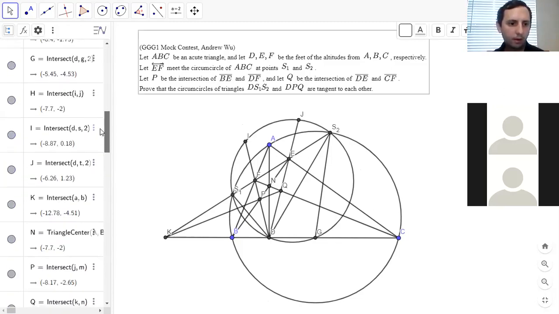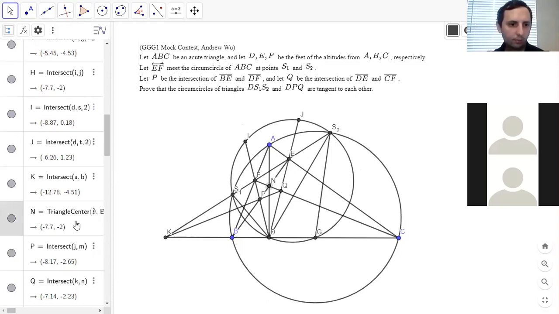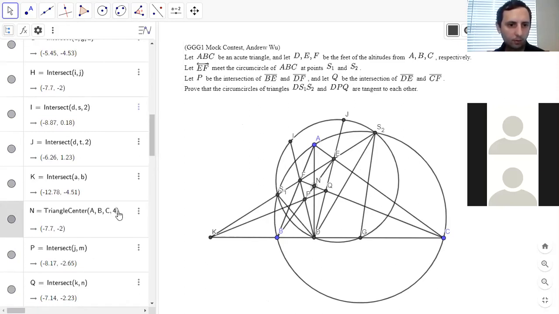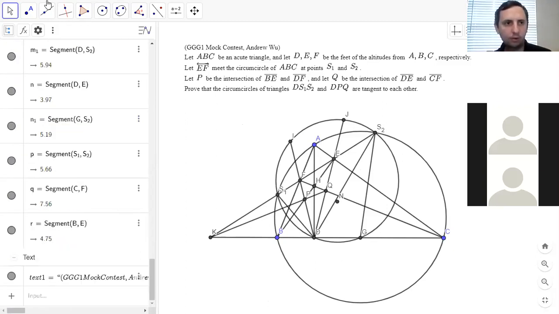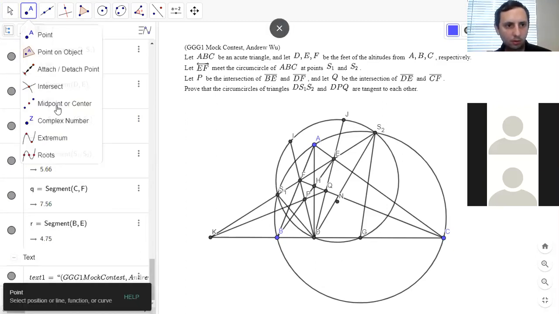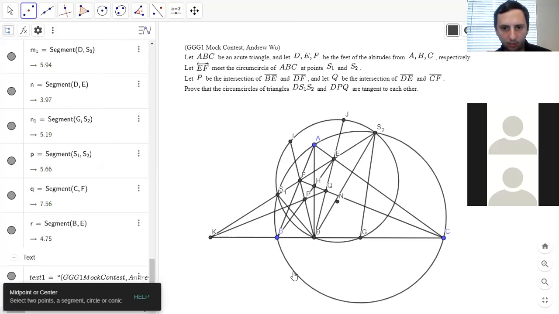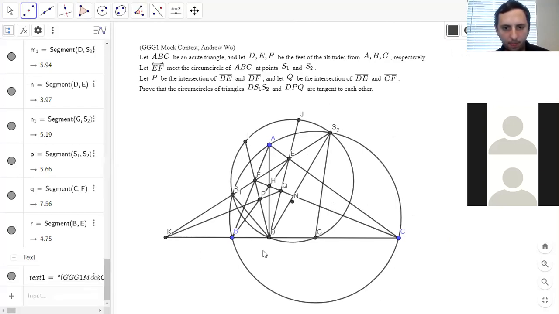So I should change this to 5 instead of 4. And then I'll call this point O. Oh wait, where is it? There we go.